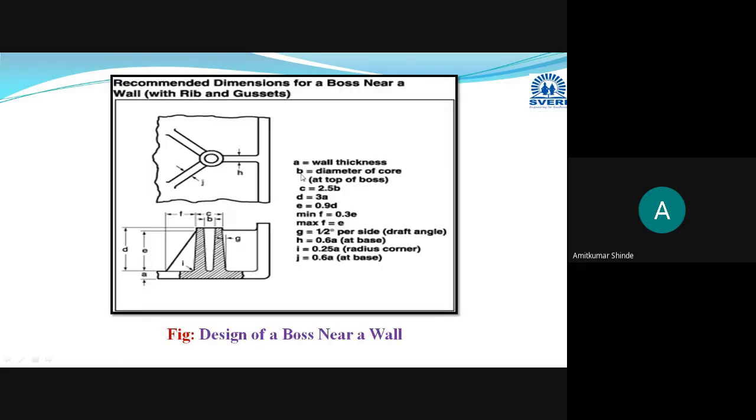Now, there are some dimension points to take into consideration. Whenever you are designing a boss near a wall, this is the wall, and here you are providing the boss.